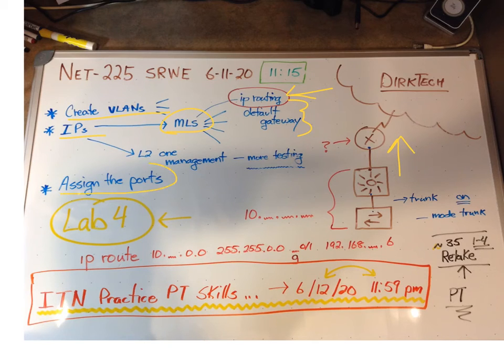Then they assign their ports. So come Monday, we'll have a way to turn it in. Now on the L2 switch, one for management and then other IPs for testing. A little confusing, but we'll talk about that on Monday too.